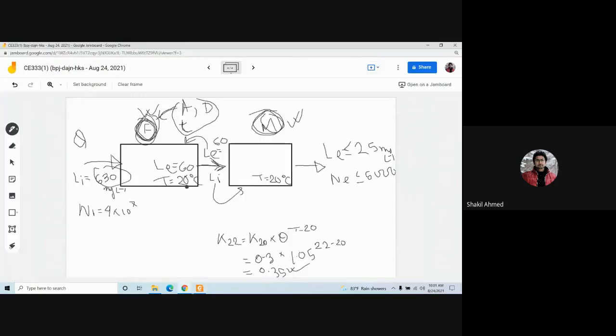Here, we are thinking of this as a combined system. How many ponds are we using, by the way? We are using one facultative pond, and I'm sorry, we are using two maturation ponds.